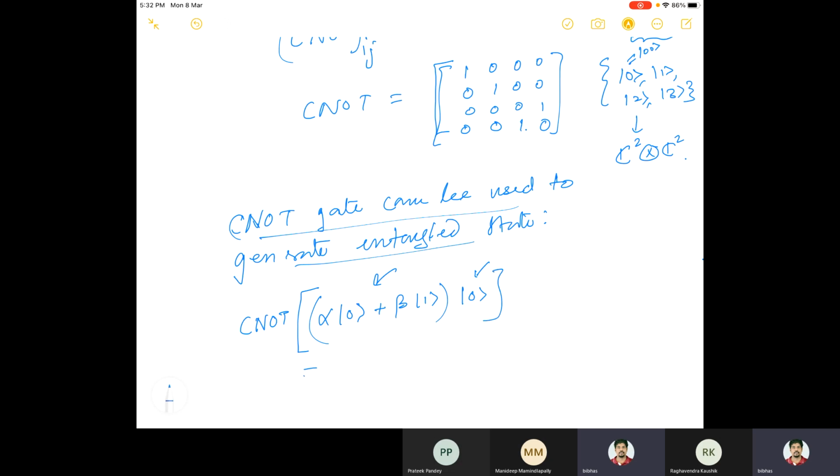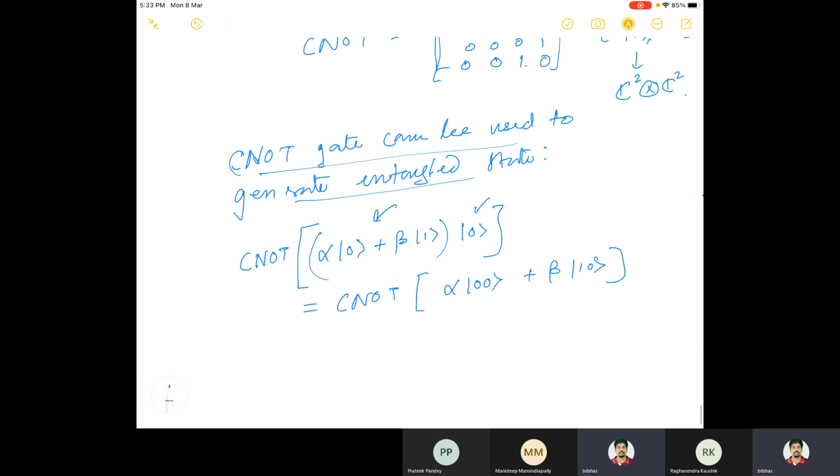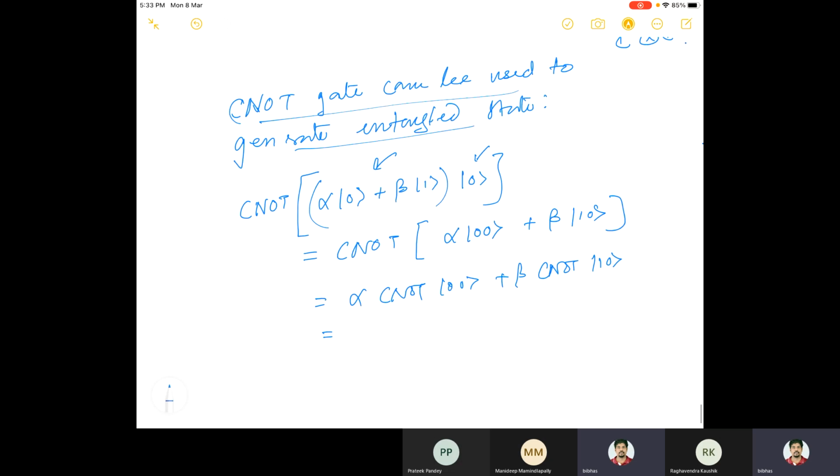So this will be CNOT acting on alpha 00 plus beta 10, which is alpha CNOT 00 plus beta CNOT 10. By my definition of CNOT, it will not act on 00, so it remains fixed. For beta, the first is the control 1, so the second will change. So this is 11.